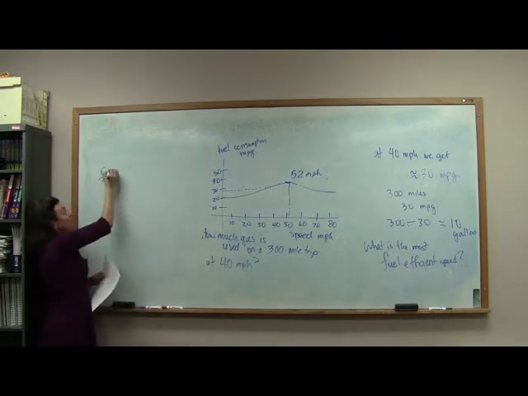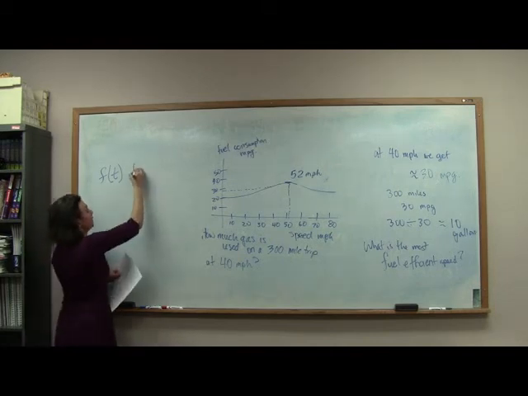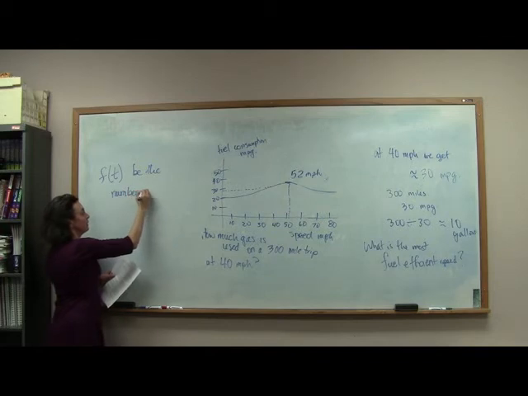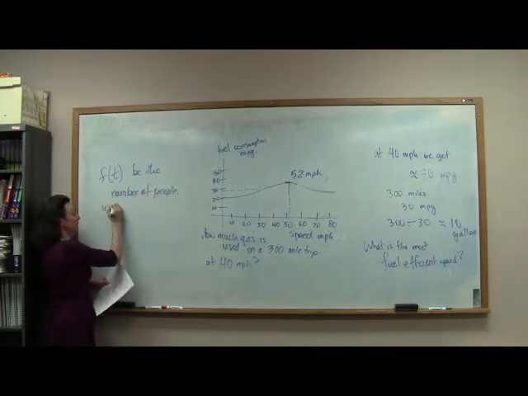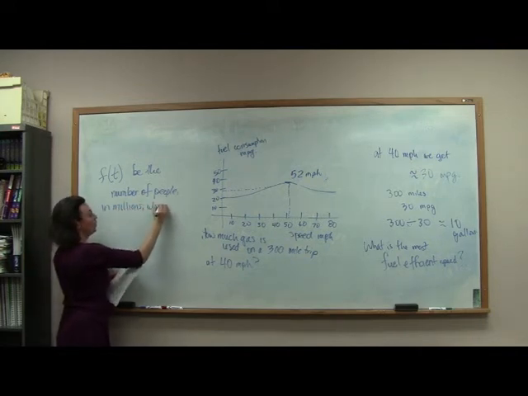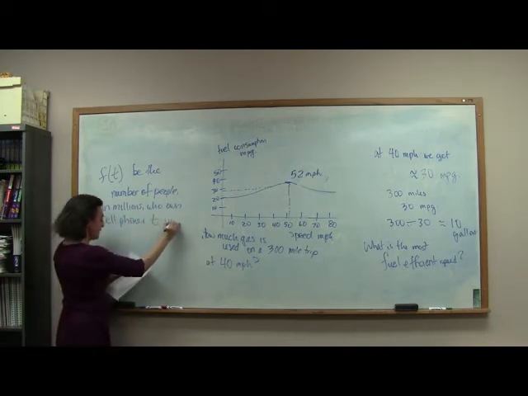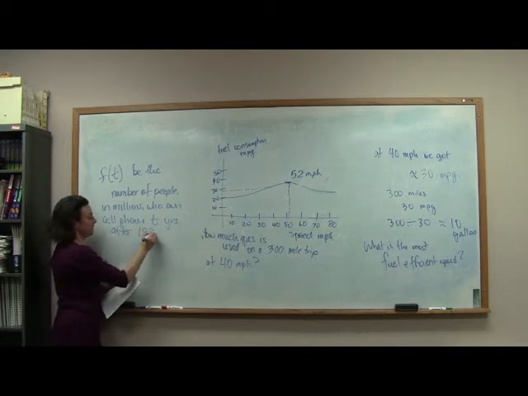What we're going to do now is we're going to let f of t be the number of people in millions who own cell phones t years after 1990.